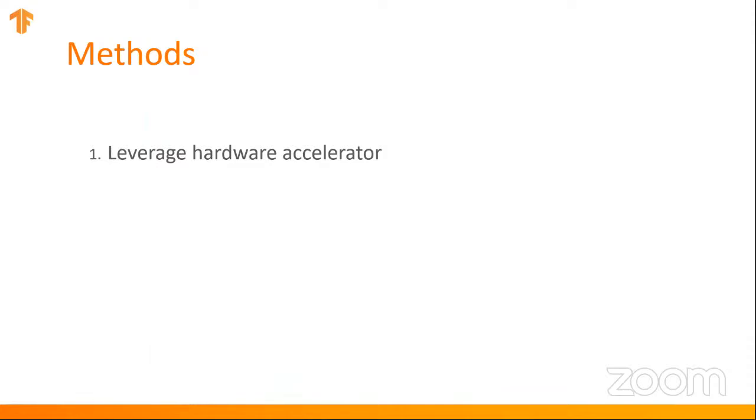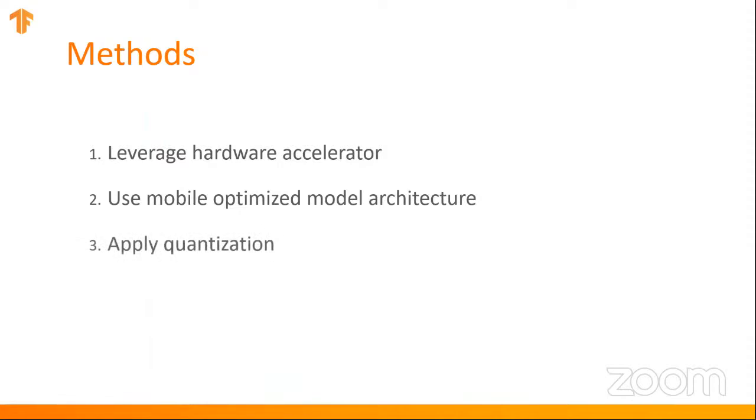The second is to use mobile optimized model architecture, which can do inferencing much faster. We will see what the architecture is. And third is to apply quantization. Applying quantization and pruning are the model conversion techniques, two important techniques which convert the big model to a light model. We will see them one by one.